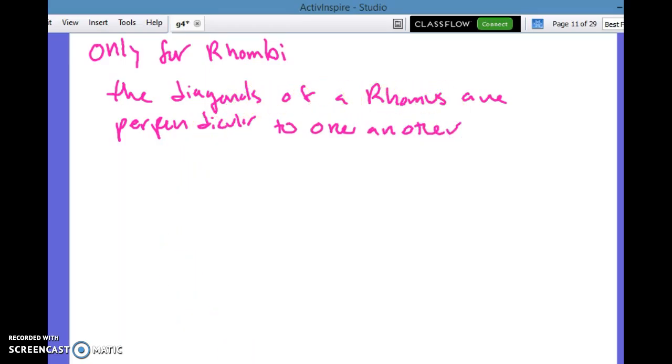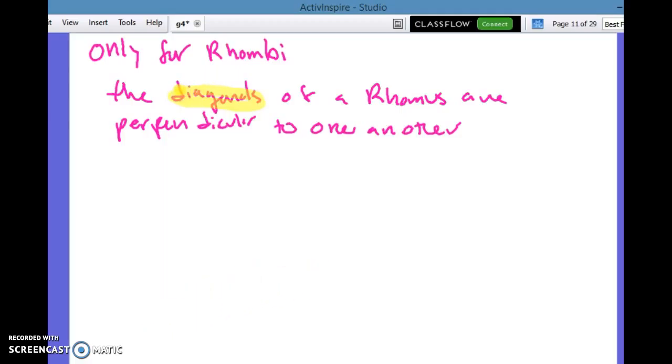So now we have something special about the diagonals. Let me switch this to a little lighter color. The diagonals. It's an important word. The diagonals are perpendicular to one another.